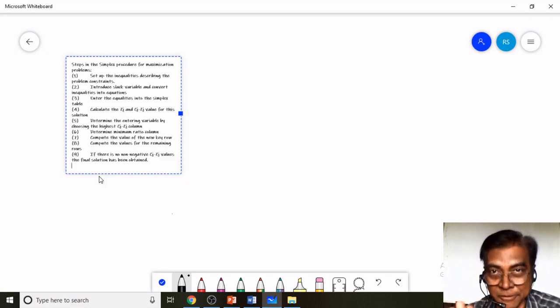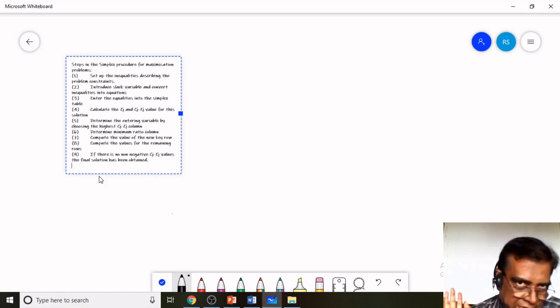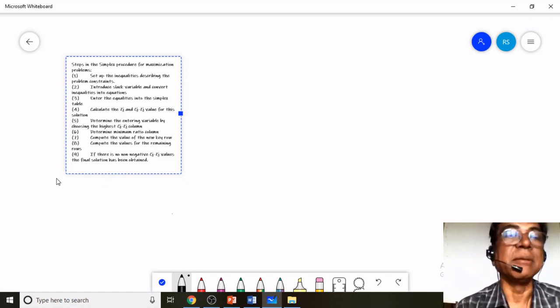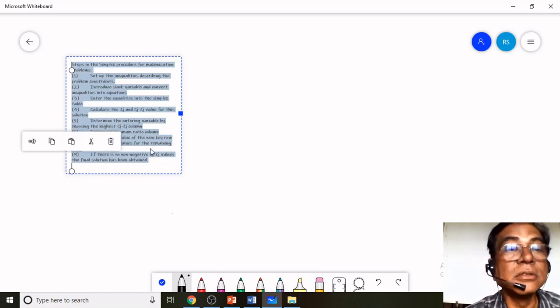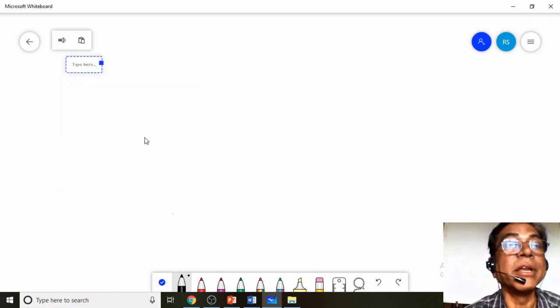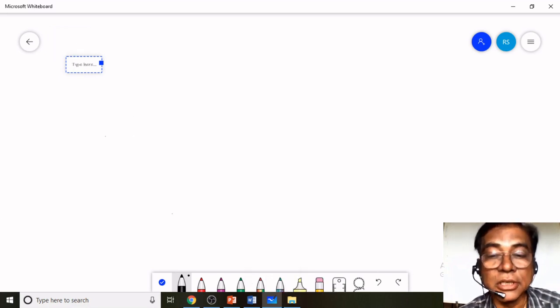Immediately stop the problem. Automatically in that tabular form, you will get the x1 and x2 values. Okay, dear students, I'm going to solve one small problem of this. So come to this point.